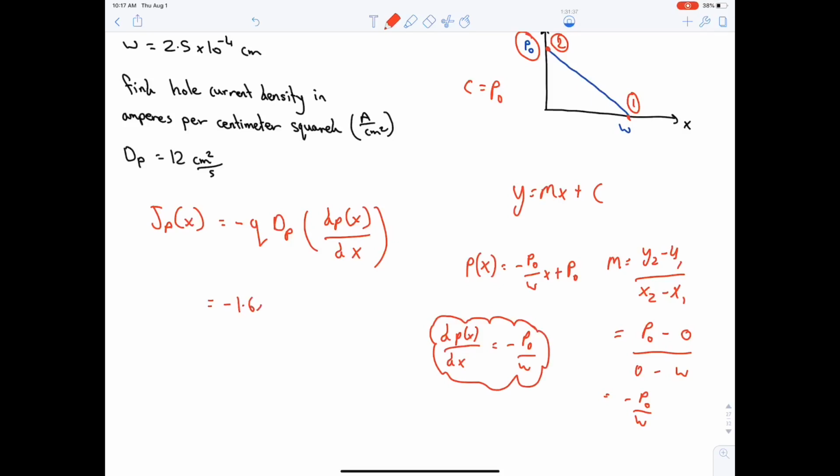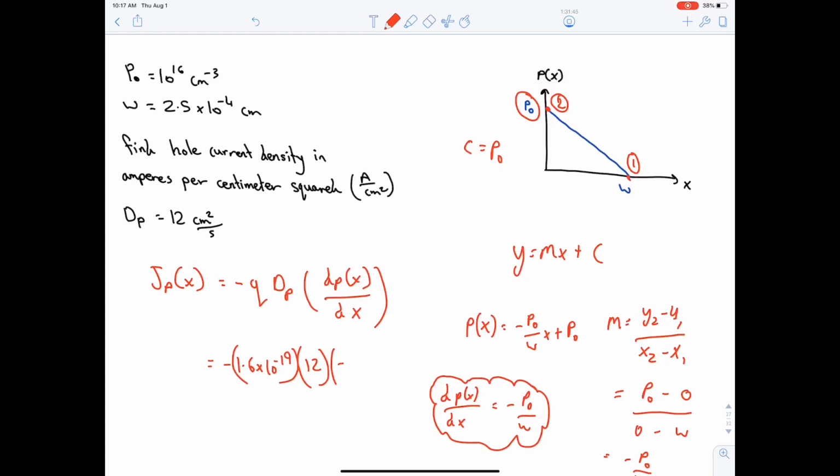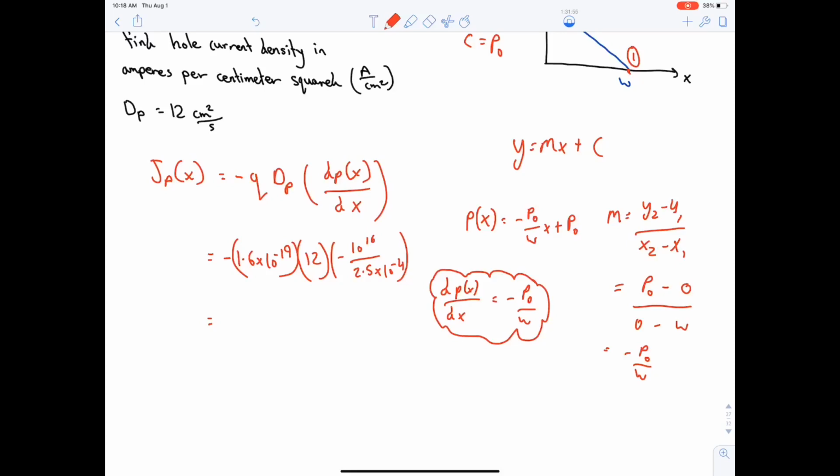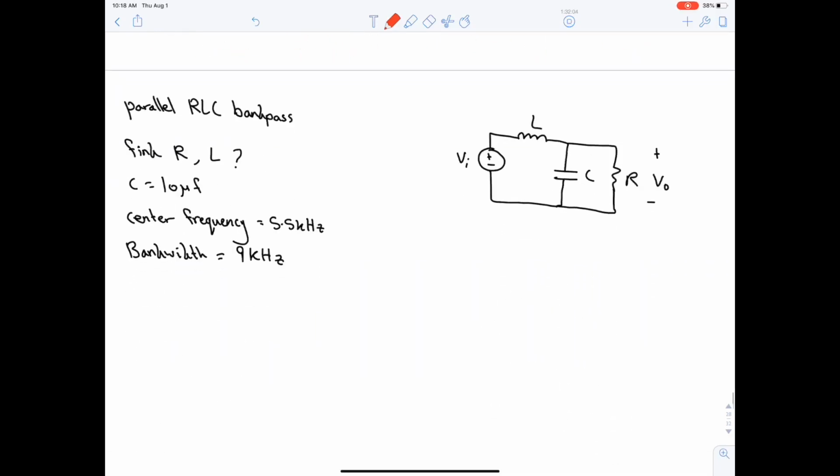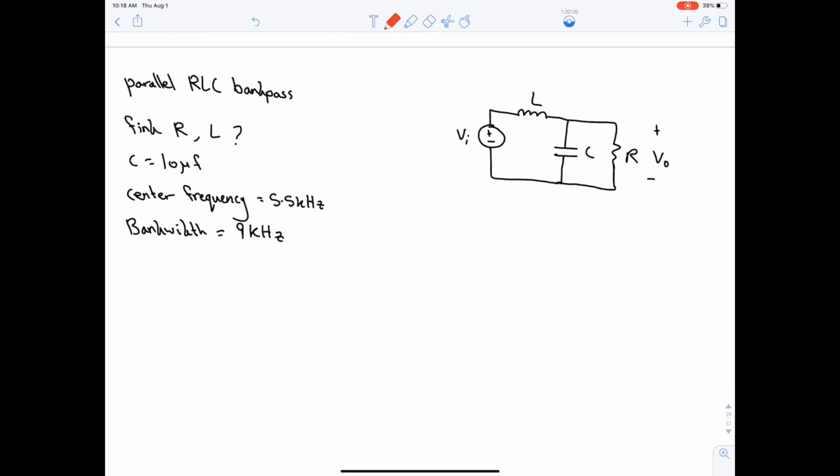Minus 1.6 times 10 to the minus 19. dp of x is minus p naught, which is 10 to the power of 16, over omega, which is 2.5 times 10 to the minus 4, and this will give us 76.8 ampere over centimeter squared. Don't forget the units.